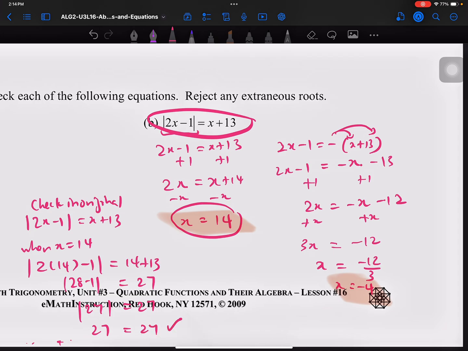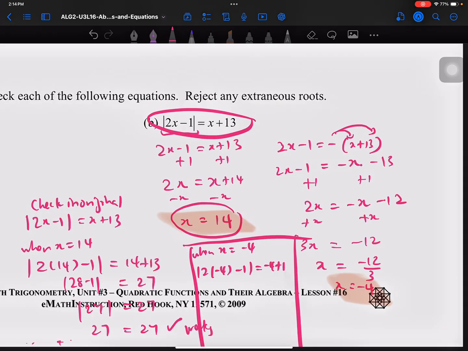Yes, it works. But if we put in minus 4, when x equals minus 4, put inside: 2 times minus 4 minus 1 equal minus 4 plus 13. The right side is 9, so solve inside the absolute.